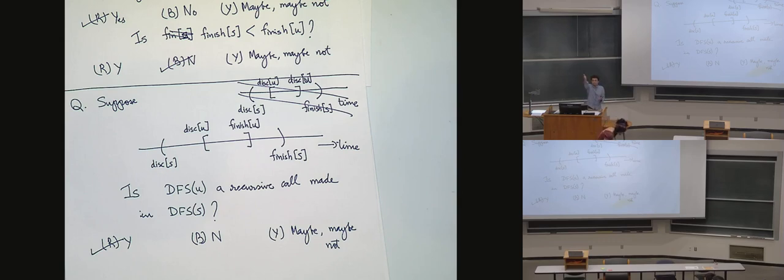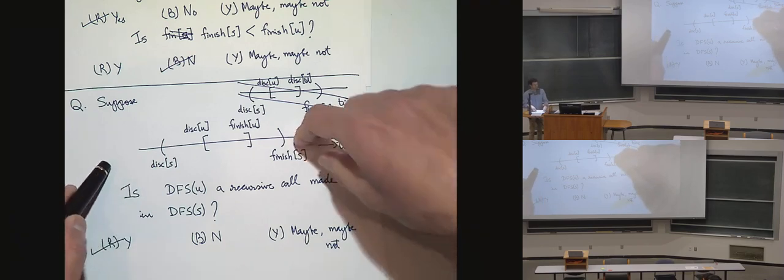Yeah? It could be maybe or maybe not. I mean, think about it, if indeed this is the situation. The finish point, doesn't it depend on how the code is structured? Like, let's say we had this finish somewhere before the finish of U. It doesn't make sense, but suppose it looked like this, then this is true.